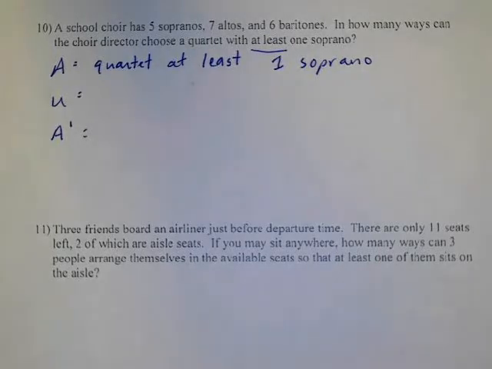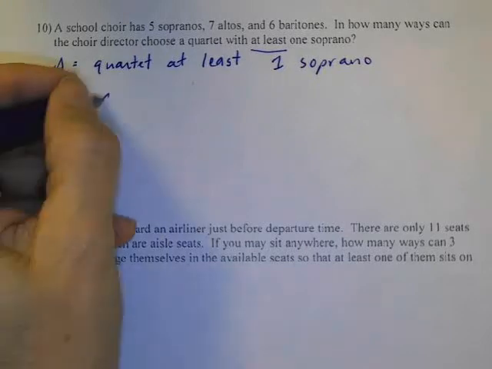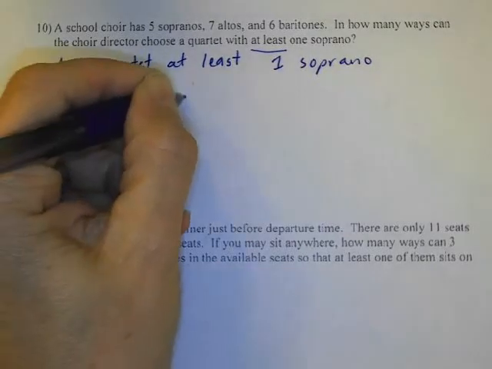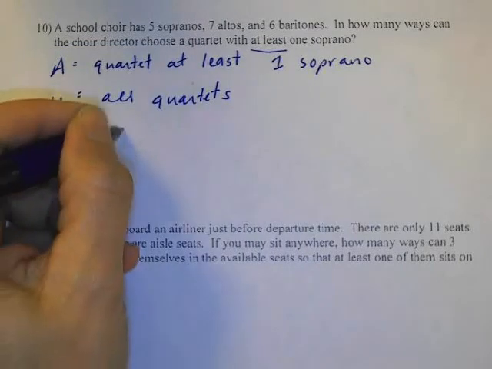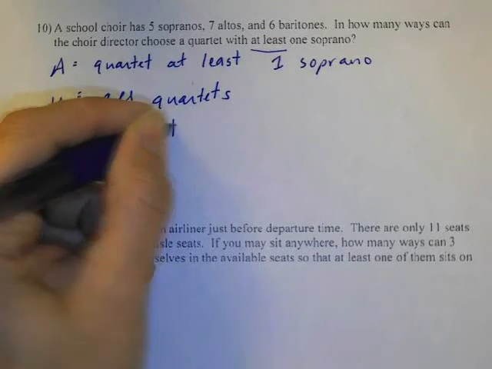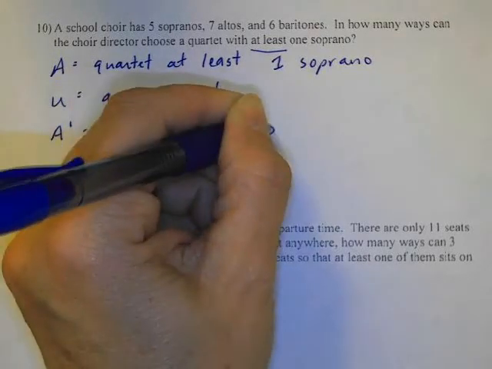So you'd have to find out all of those ways independently and add them together. Far faster to figure out what does not work. If you're not sure, quartet means 4 people. U is all quartets. A prime is a quartet, no soprano.